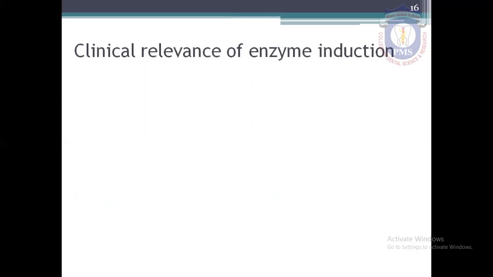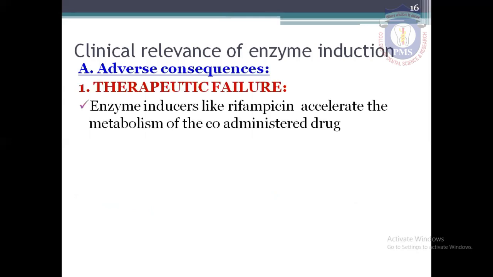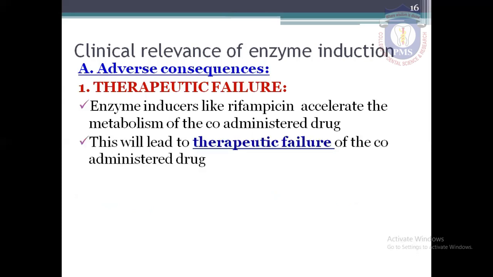Clinical relevance of enzyme induction. As a result of enzyme induction, sometimes adverse consequences occur, such as therapeutic failure. If we use enzyme inducers like rifampicin, they accelerate the metabolism of the co-administered drug.